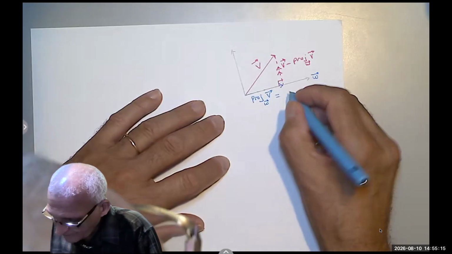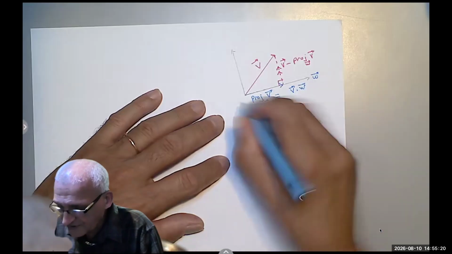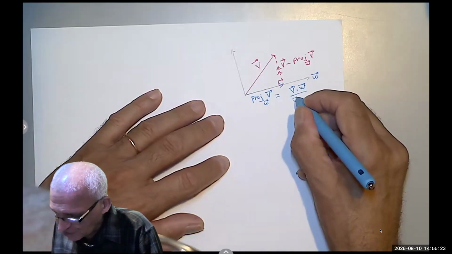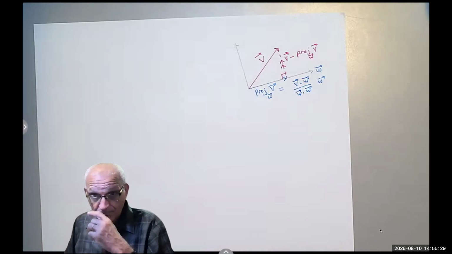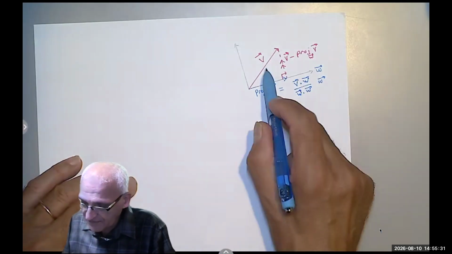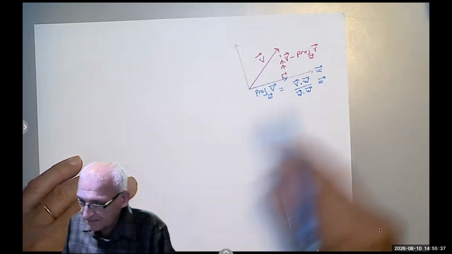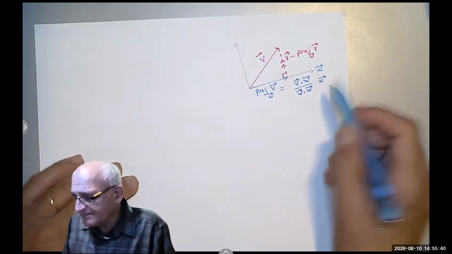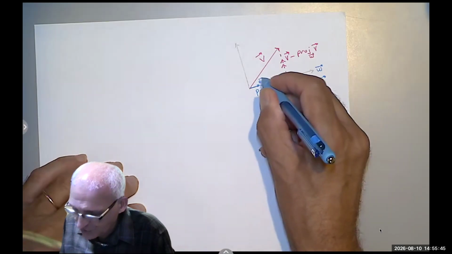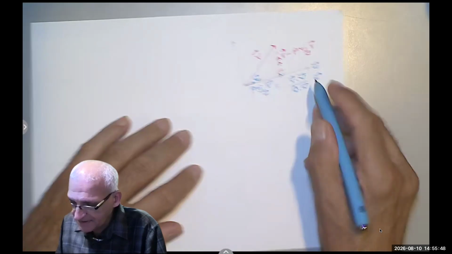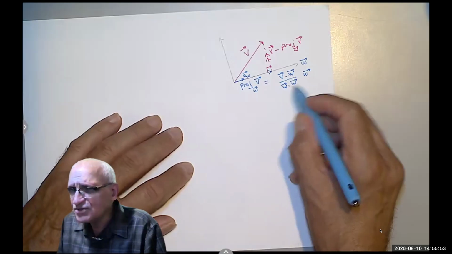This was V dot W over W squared, which can be written as V dot W over W dot W times W as a vector. So the dot product of these two divided by the length of W squared, times W. If I make W a unit vector, so if I call this EW, a unit vector along W, then this can be written as V dot EW over EW dot EW.